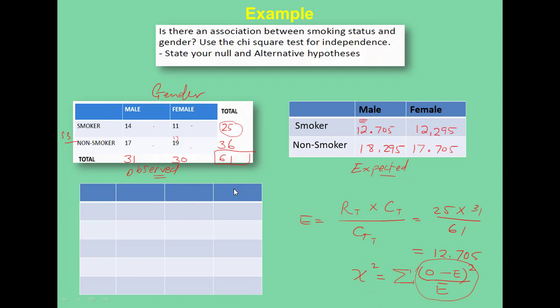To do that, I usually advise students to construct a simple table such as this one, where you would have the observed value in one column, the expected frequency in the next, then observed minus expected, and the final one, observed minus expected squared over expected, right?